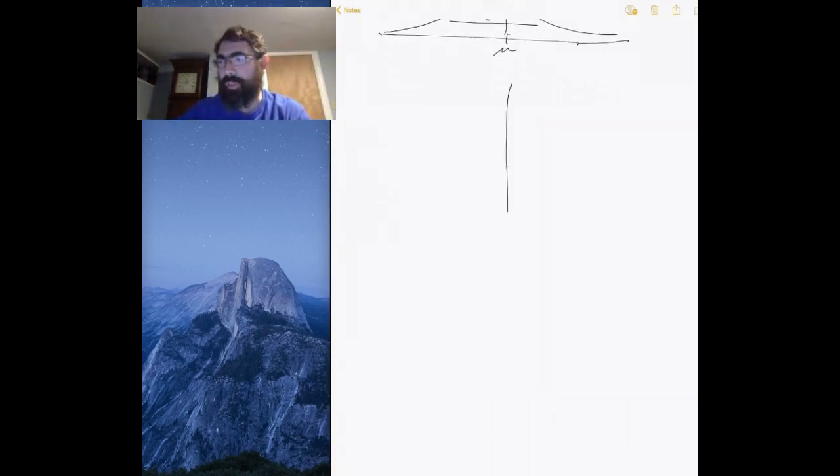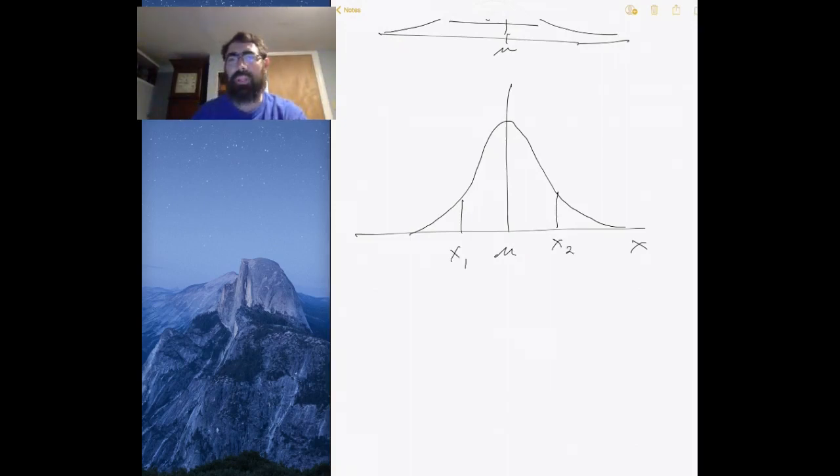So if I draw out my standard bell-shaped curve like this, there's a mean, but I could ask what's the probability of finding a value between x1 and x2, and so if I was to integrate under this curve, then that's going to give me the probability of some event occurring between x1 and x2.